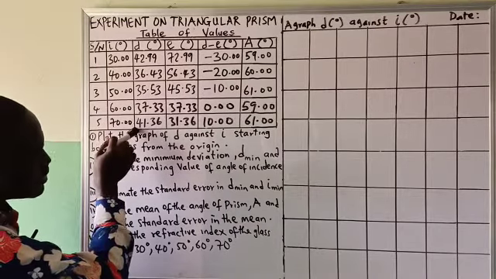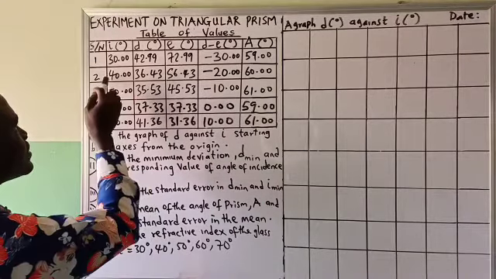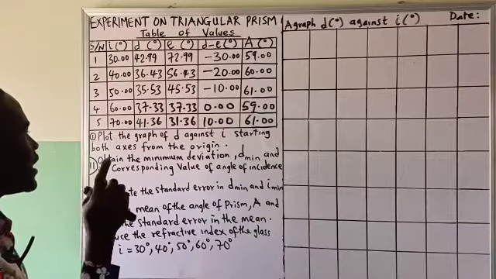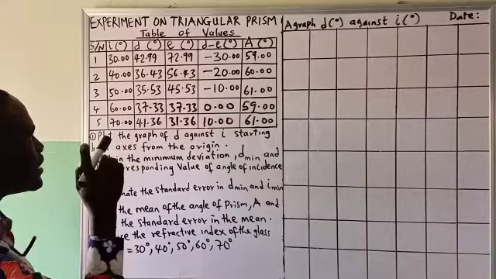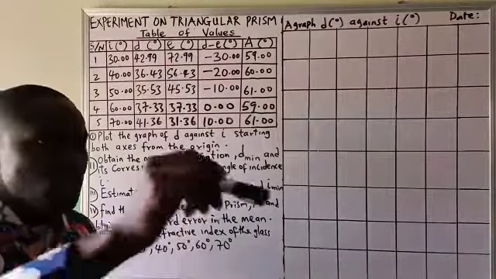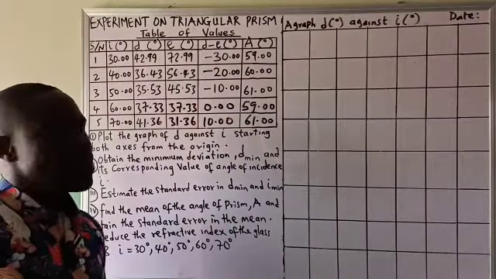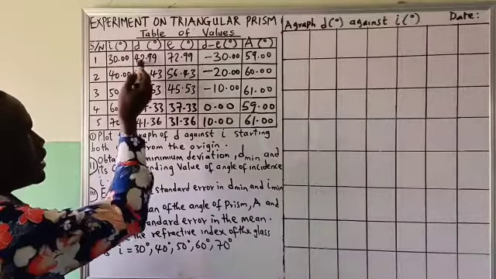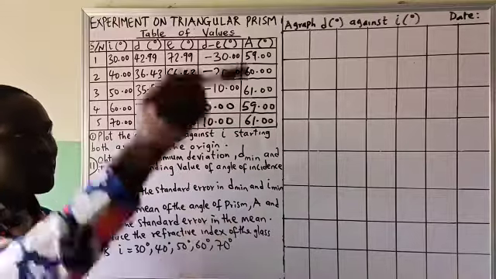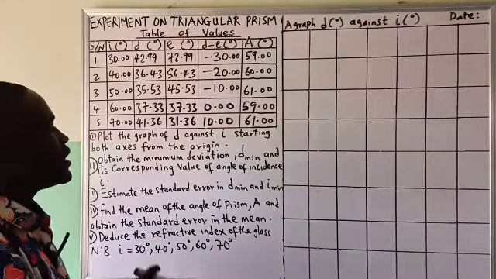With this, when you are plotting a graph of D against I, the implication is that you will have a U shape. The graph will be a U shape, as if you are plotting a quadratic graph. That means it decreases at a point, then increases. You get it? Then you have to note that.